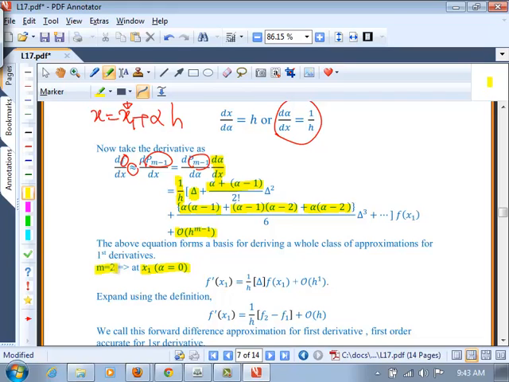I guess I should call it an approximation to the derivative at x1, because that determines where you are evaluating the derivative. But you're going to use the definition of delta f1, which is f2 minus f1. The important point is that the truncation error is of order h. So if you have a smaller h, that is points are closely spaced, you will get a better estimate of the derivative.